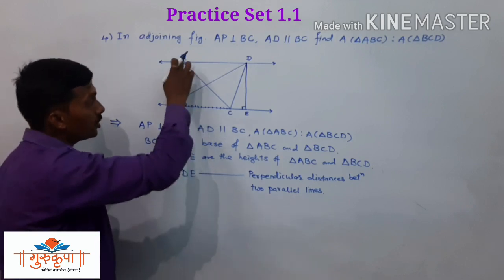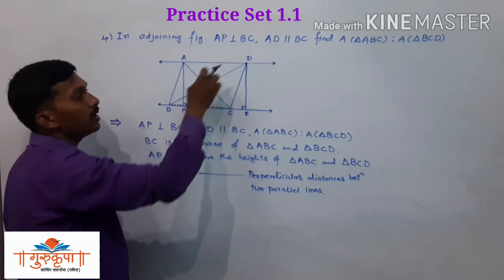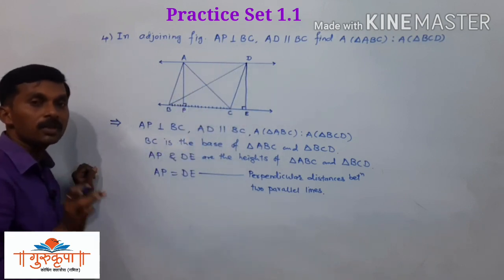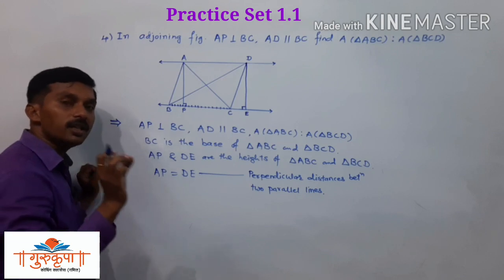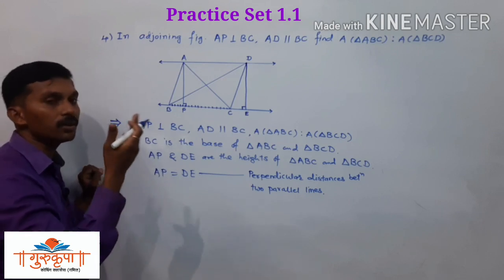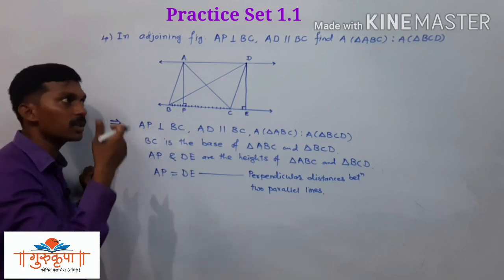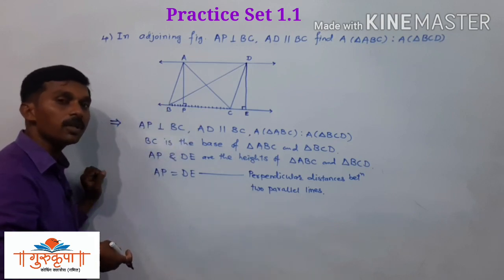It means that both the triangles ABC and BCD are having equal base and equal heights. So the ratio of their areas is 1:1.